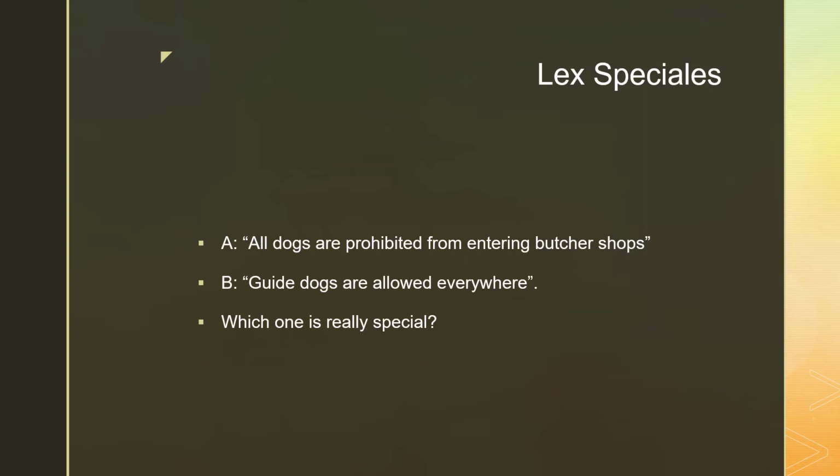A first reaction will be that rule B is the special one because it's only for guide dogs. But note that we can easily turn things around and say that rule A is the special one because that one's only for butcher shops. That is to say, there's more than one way of being special, and each one of these rules is special in its own way.